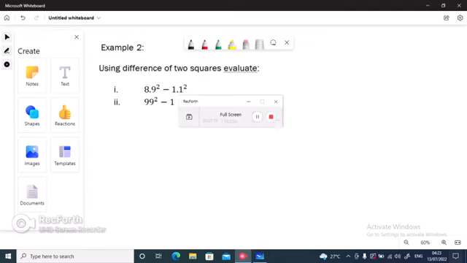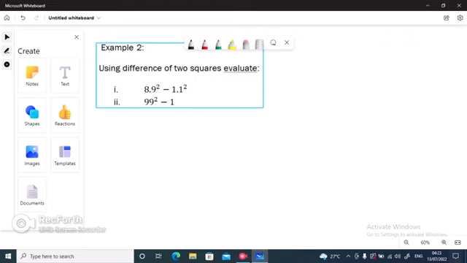So let's solve another example. Number 2, using difference of two squares, evaluate 8.9 square minus 1.1 square, and 99 square minus 1. So let's see what we can do about this.